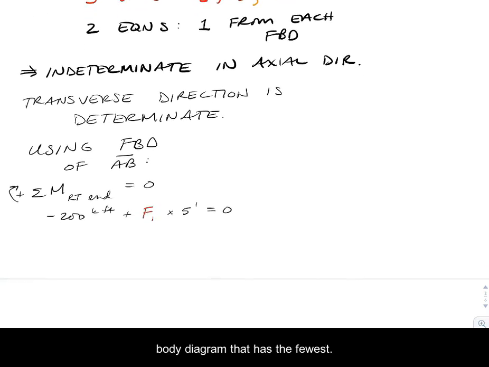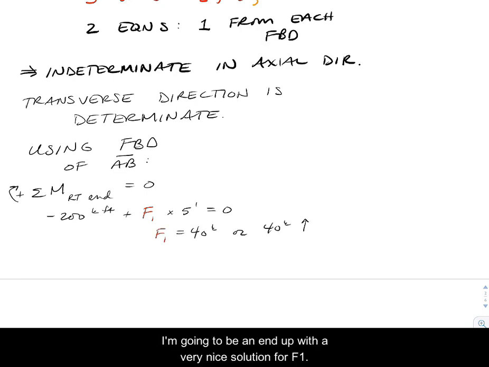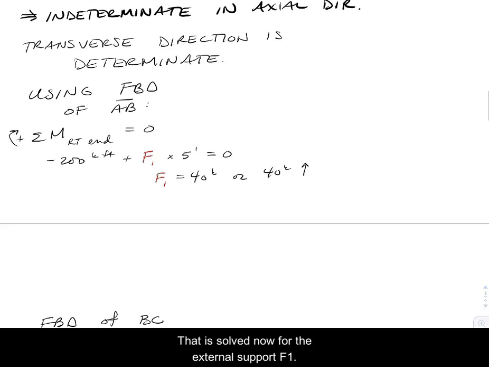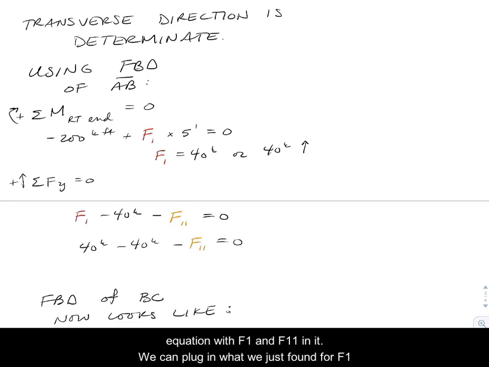So we want to start with the free body diagram that has the fewest. And so we're going to sum moments at the right end. And I'm going to then end up with a very nice solution for F1. And so that has solved now for the external support F1. We're going to now sum forces in the y direction on that same free body diagram. And doing that's going to give us an equation with F1 and F11 in it.